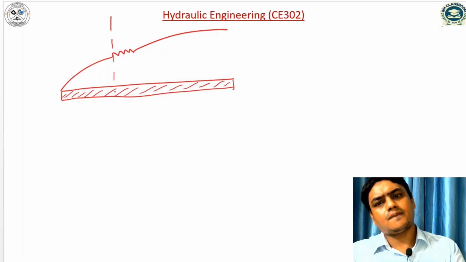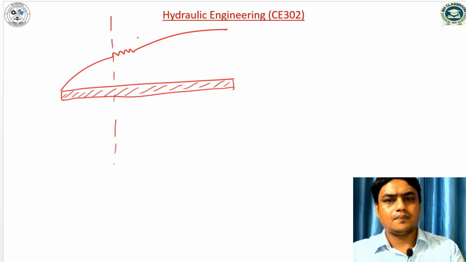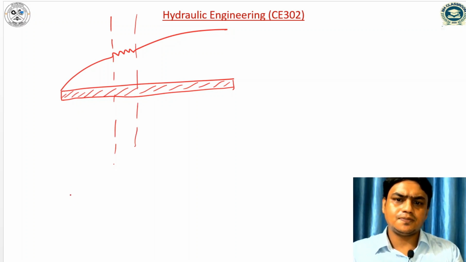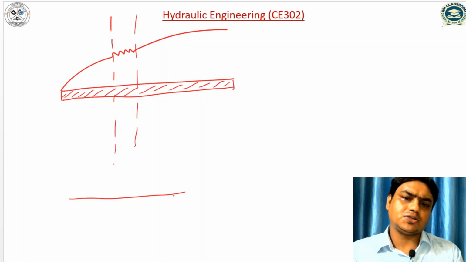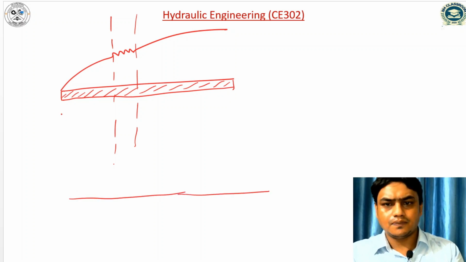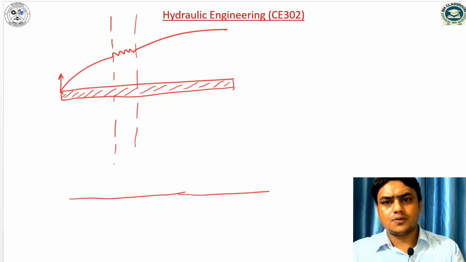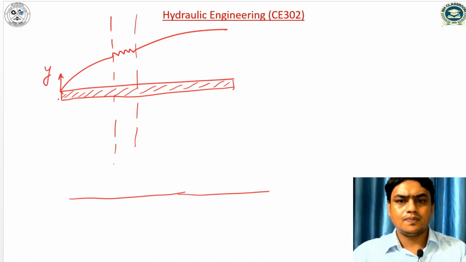As I told you, if I draw the velocity distribution, this is y. This point is the leading edge.